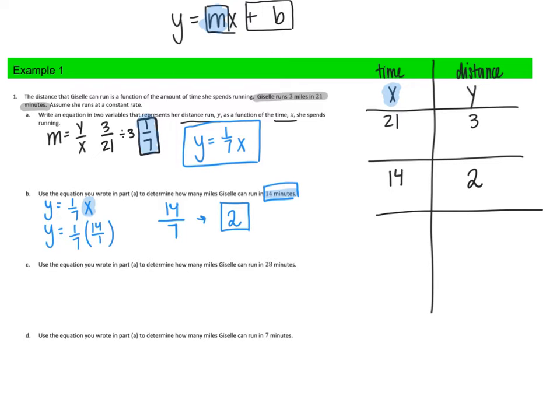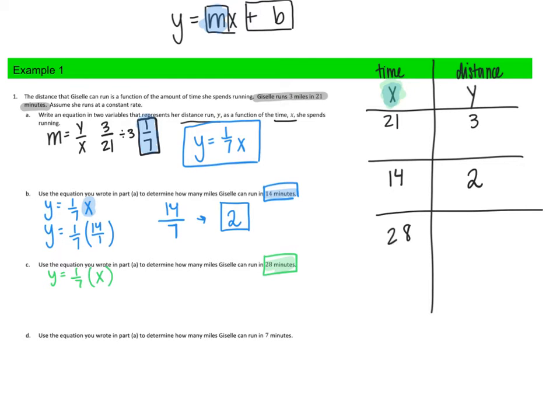Okay. The next part says, use that equation we wrote in part A, same equation as before, to determine how many miles she can run in 28 minutes. So again, 28 minutes, this is my x value. So I'm going to be adding that in to my equation wherever my x is. And I'm trying to figure out, okay, in 28 minutes, how many miles can she run? So my original equation, y equals 1/7 times x.